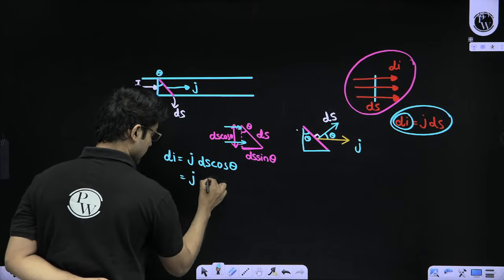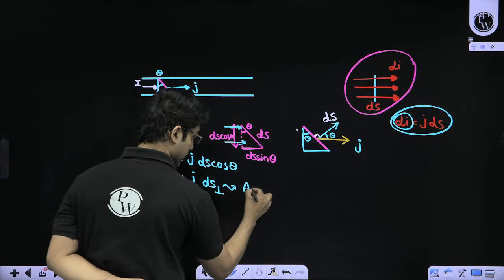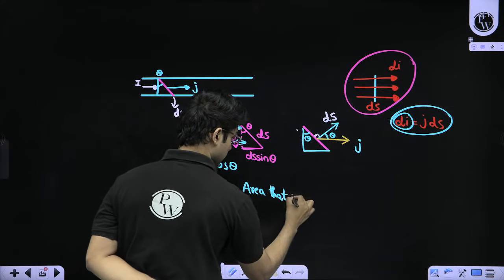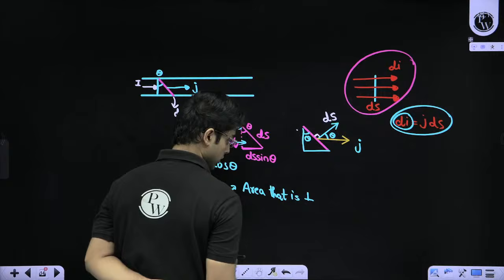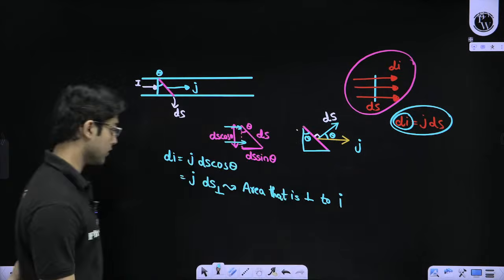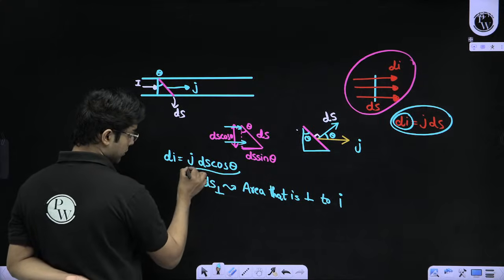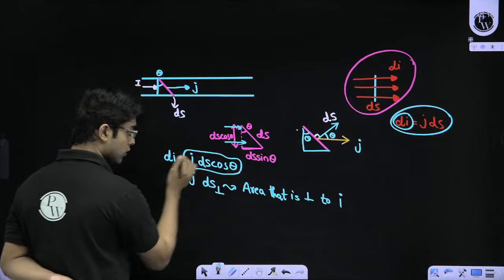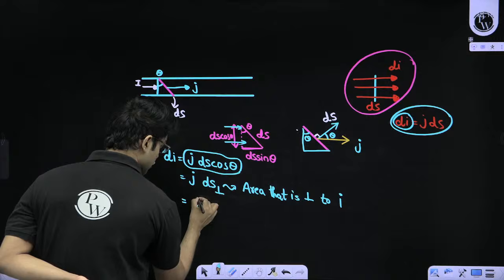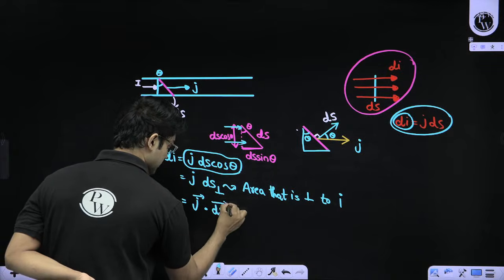Which I can also write as ds perpendicular, the area that is perpendicular to current. Now J into ds into cos theta, if you remember Gauss law, is similar to the electric flux expression. So this will become J dot ds. It's simply a dot product.